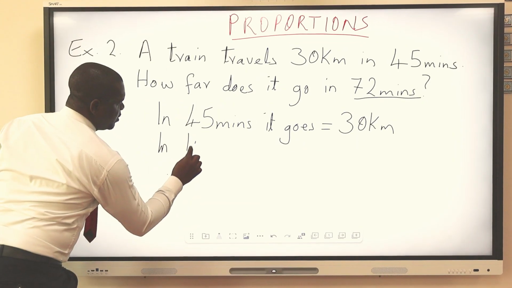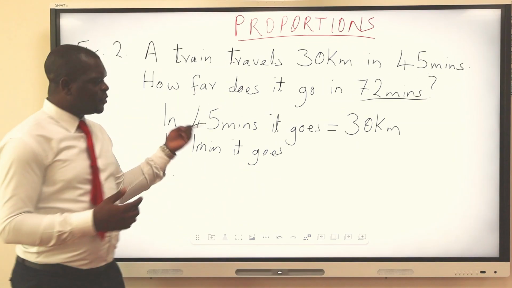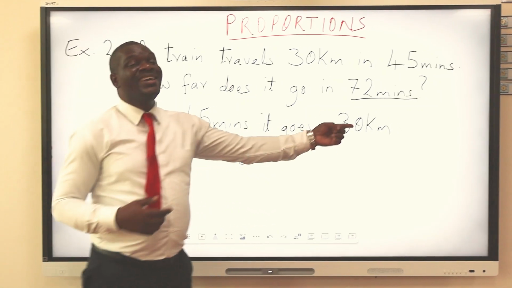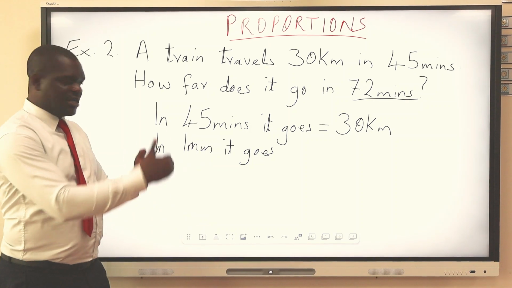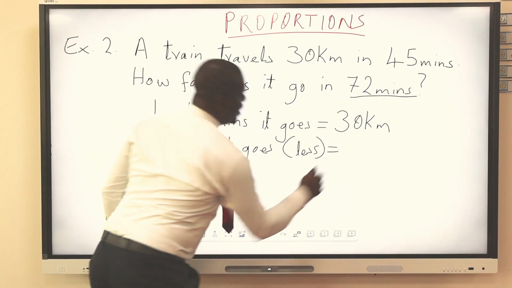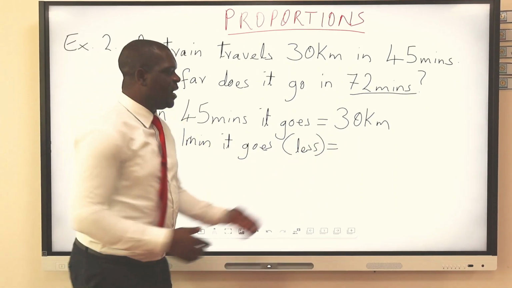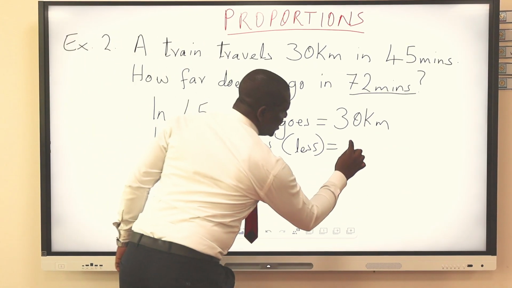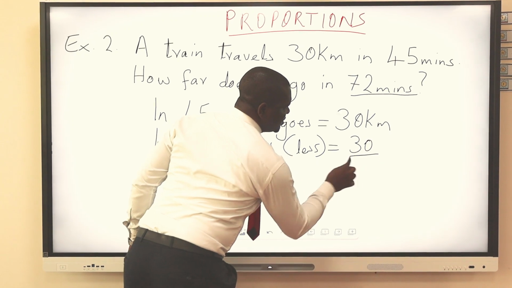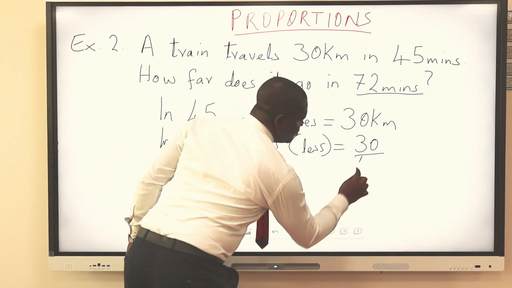In 1 minute it goes, if in 45 minutes it goes 30 kilometers, in 1 minute it will go a shorter distance or less. And we said if it is less, you divide. You take the total distance and divide by the time taken. That is 30 kilometers divided by 45 minutes.